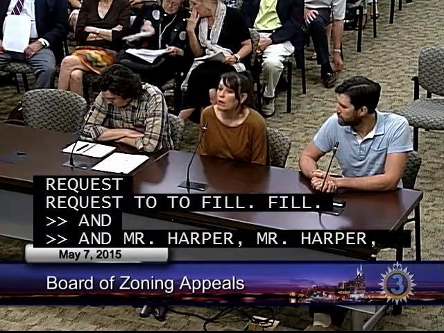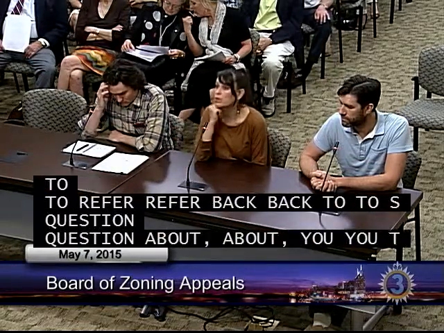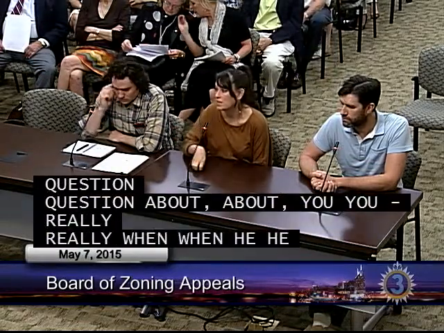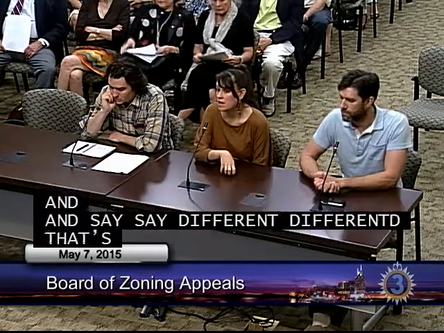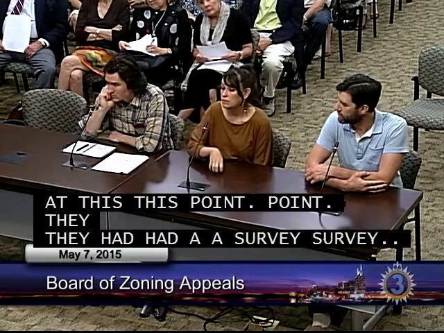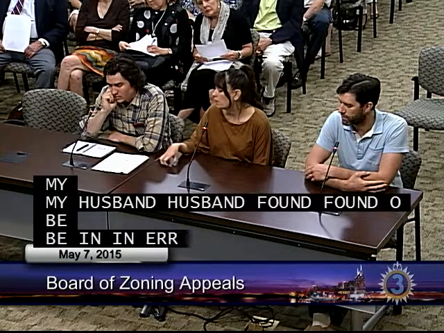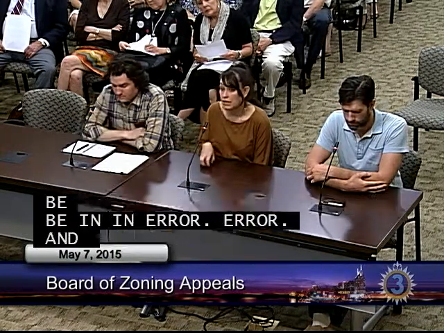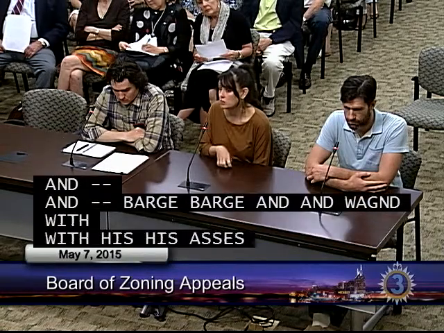And Mr. Harper, I'd just like to refer back to Mr. King's question about how surveys can go back and forth and say different things. And that's pretty much where we are at this point. They had a survey. My husband found parts of it to be in error, and Barge and Wagner agreed with his assessment and signed off on it, basically saying that that first survey of theirs was in error.